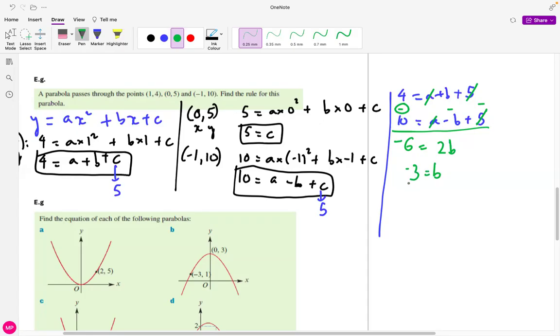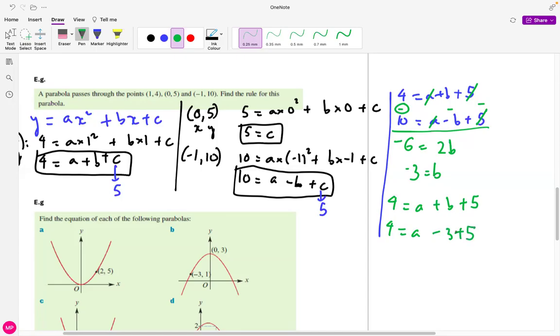Right? Then you sub it back into any equation, and you can solve for a. So let's say I pick the first one. I have 4 equals a plus b plus 5. Then I sub b equals negative 3 in. 4 equals a minus 3 plus 5.